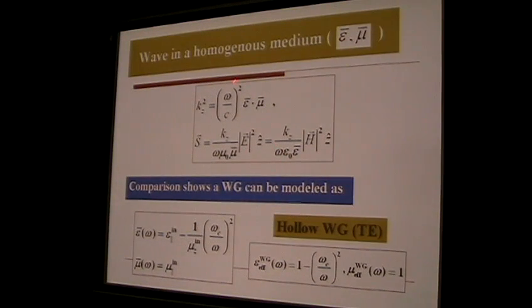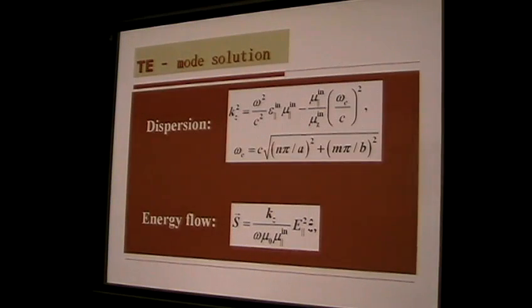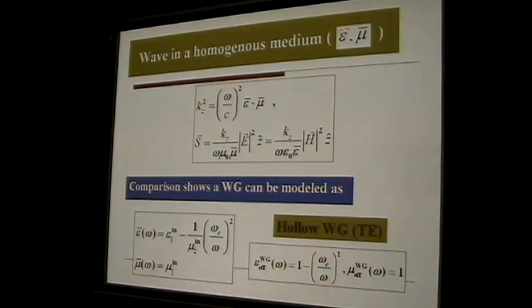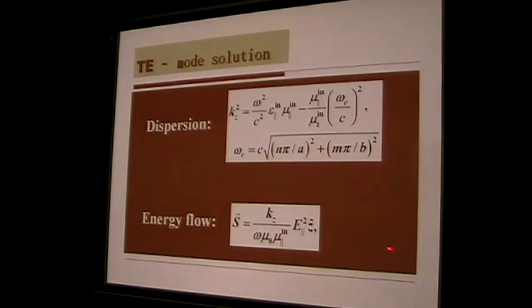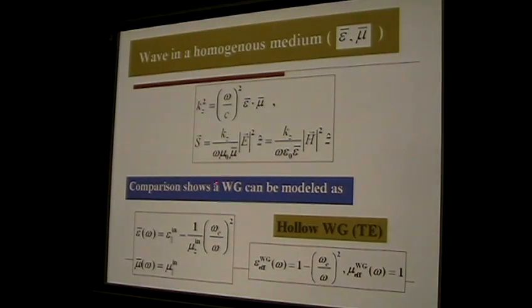To characterize the complex structure by a homogeneous medium, you just compare these equations. You have two parameters, epsilon bar and mu bar, and two equations given by dispersion and energy flow, so you can solve it uniquely.